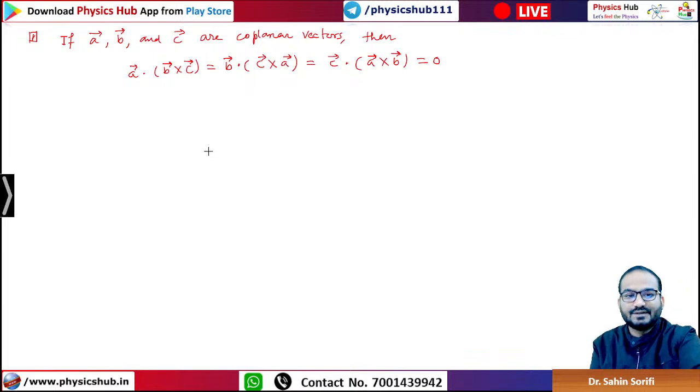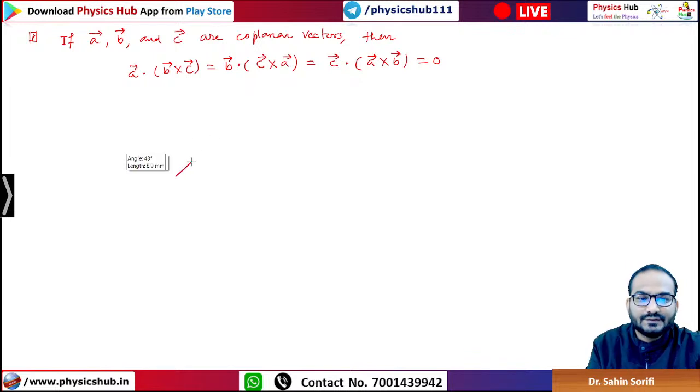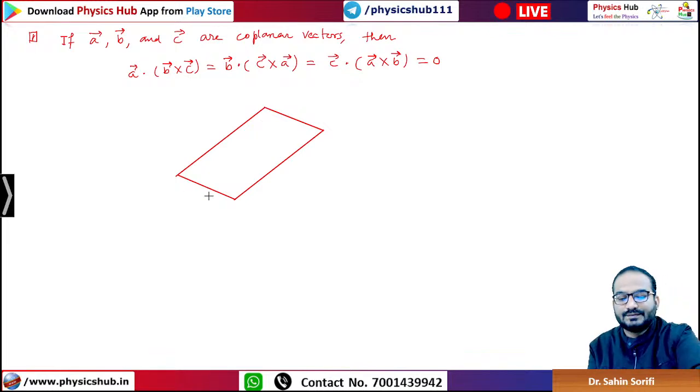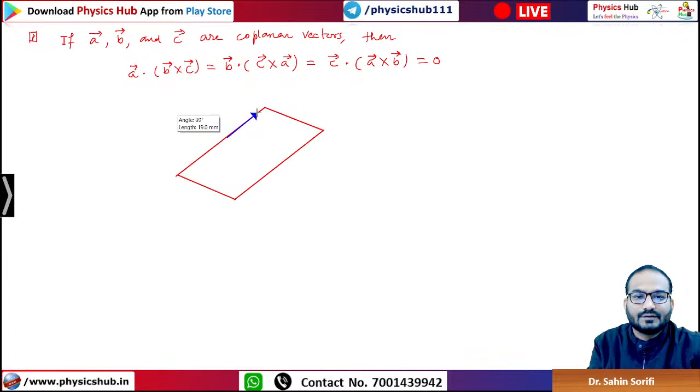Let's say I am giving you 2 vectors. One vector is like this, another vector is like this.